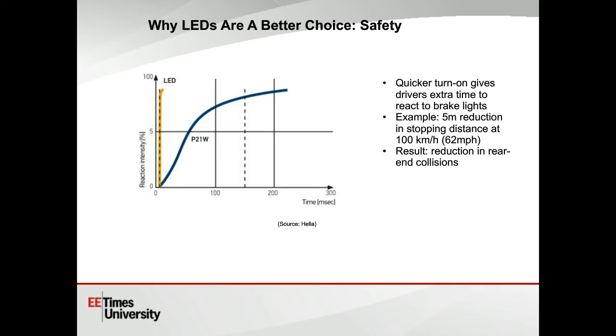So the example here is at 100 kilometers an hour, which is 62 miles an hour. That can give you a 5-meter reduction in stopping distance, because of the extra short amount of time you have before you notice that the guy in front braked. The result is a reduction in rear-end collisions, and this is clearly important as traffic conditions become more congested.